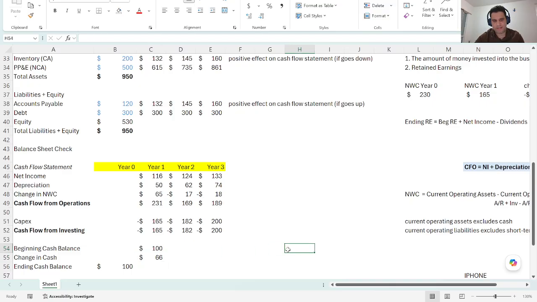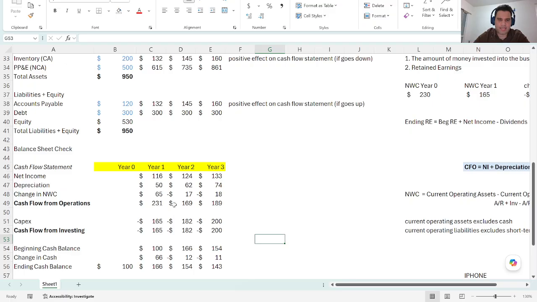So ending cash balance is going to be the summation of the beginning cash balance and the change in cash, right? It's like a corkscrew model where our beginning cash is the prior ending cash balance, and then I can move this to the right, do the summation here, and highlight and copy this to the right.